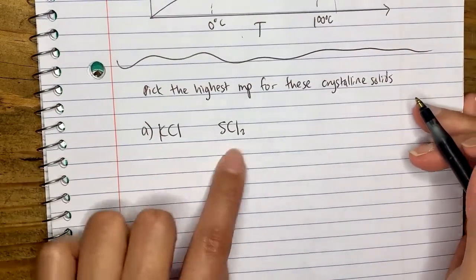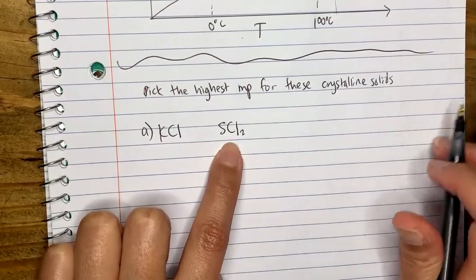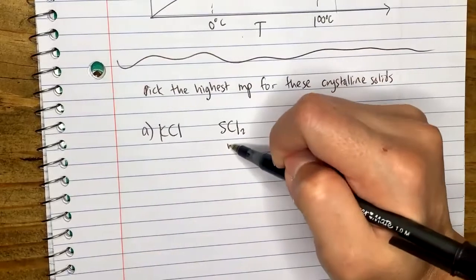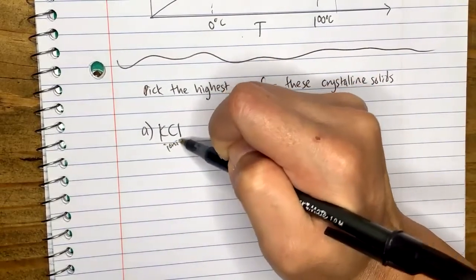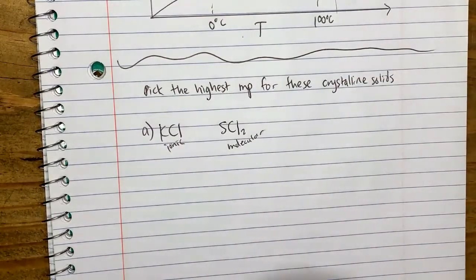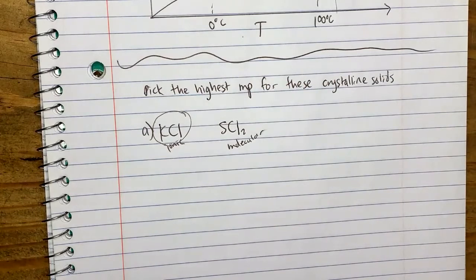Okay, KCl, SCl2. SCl2 is all non-metal, right? So this is molecular. This one is ionic because KCl is ionic. So ionic is going to be higher than molecular for melting point.